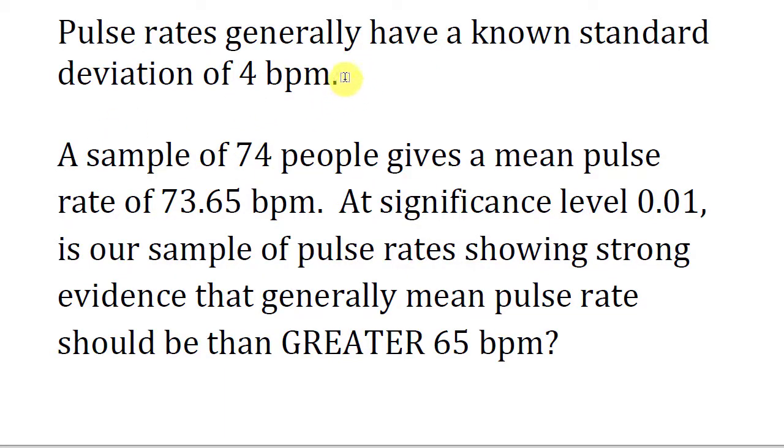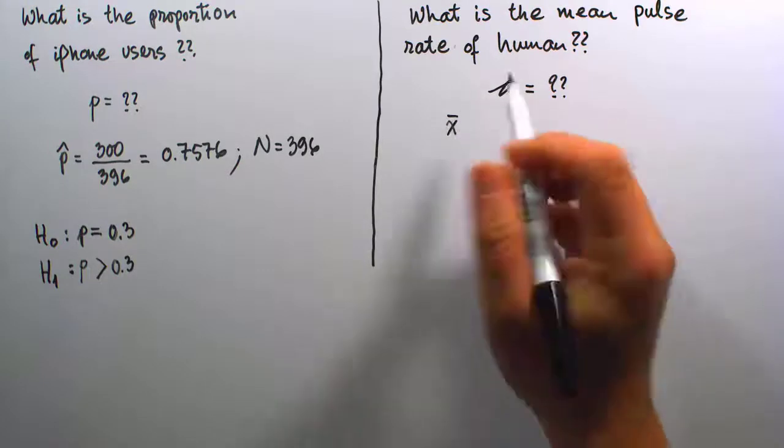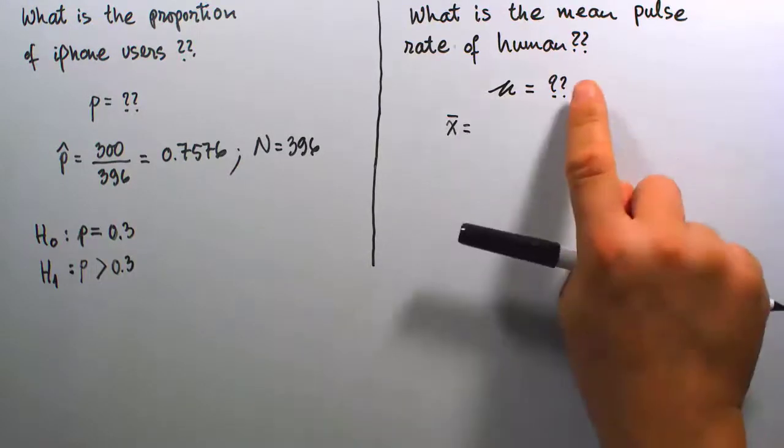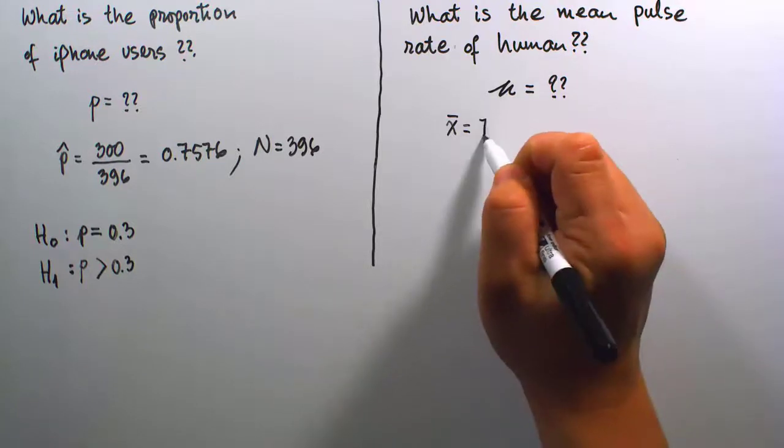We don't need to be too worried about that yet. But the real part here is saying a sample of 74 people gives a mean pulse rate of 73.65. So with this part so far, we know that we immediately have a sample. And keep in mind, we don't know what our population value is.